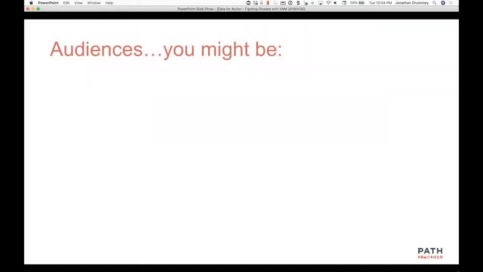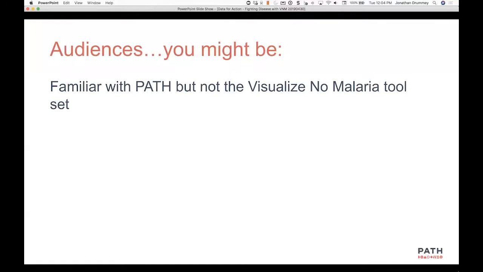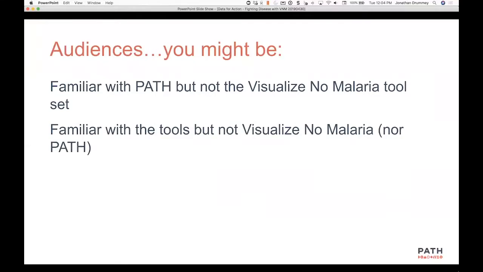So there's a variety of people who we know in advance signed up for this webinar. In thinking about who the different audiences are, I just wanted to call out the different people who are here. You might be familiar with PATH, but not the Visualize No Malaria tool set or the project. Or maybe you're familiar with the tools we've been using in Visualize No Malaria, but not necessarily the project or PATH.